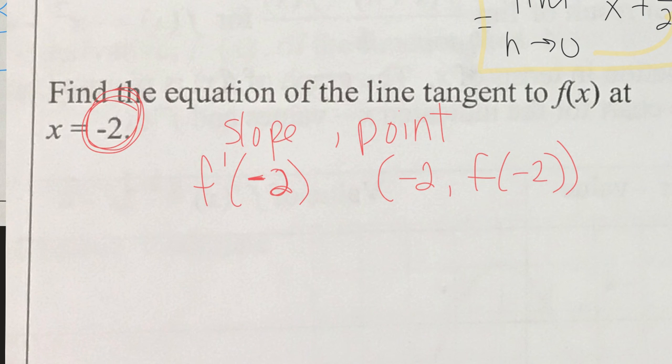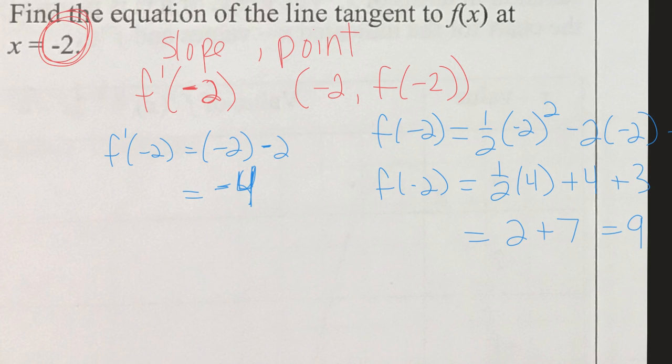So we need to differentiate. This f prime means slope, and this f of negative 2 means y value. So to find the slope, we'll use the f prime equation, and to find the y value, we'll use the original equation. So this is what we calculate for our x value of negative 2.